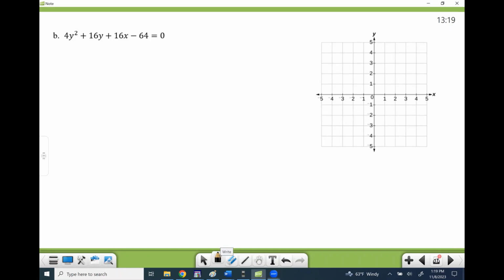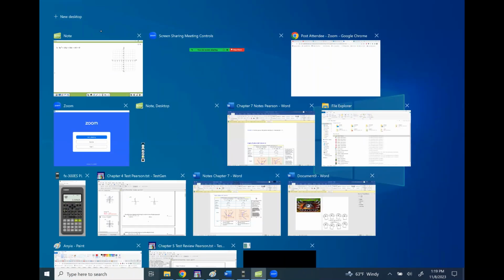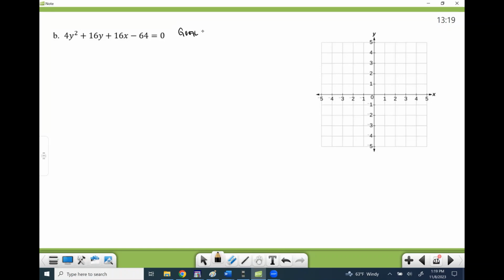All right. So this time it's y being squared. So our goal in this case is actually the other formula. We want the y minus k squared here. We're going to get all those x's out of there.